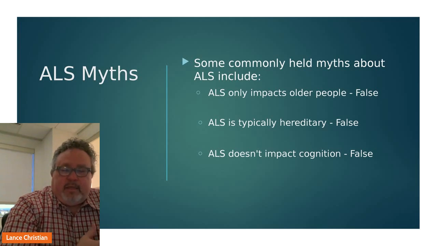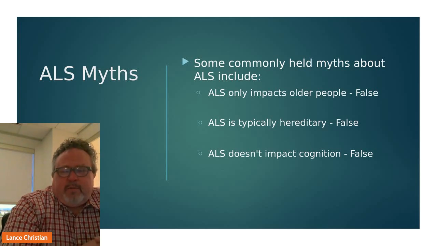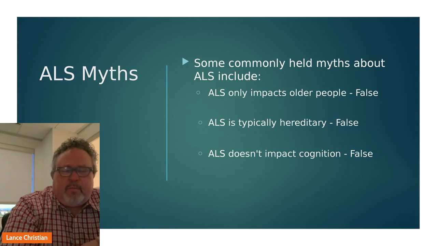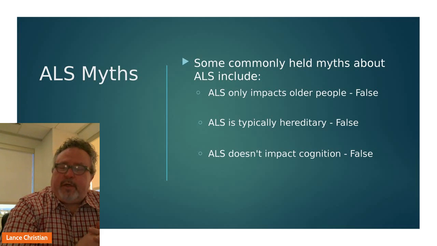And that ALS doesn't impact cognition. There's been a long-time discussion and portrayal within the media in particular that says that ALS is a paralyzing disease, which it is and it can be, but that people's minds are always fully and cognitively intact while their bodies fail them.